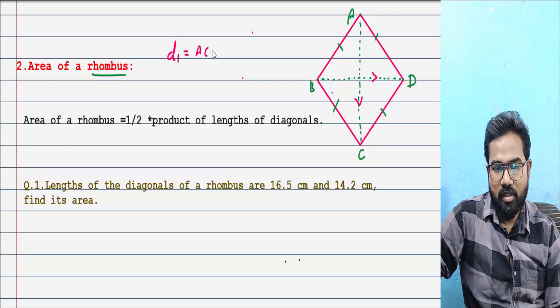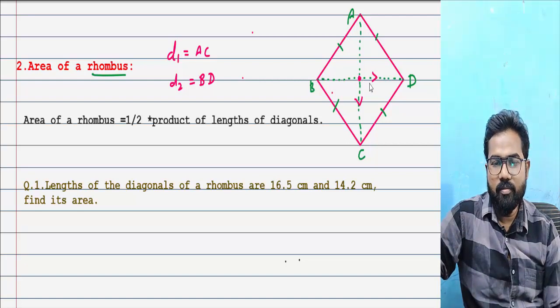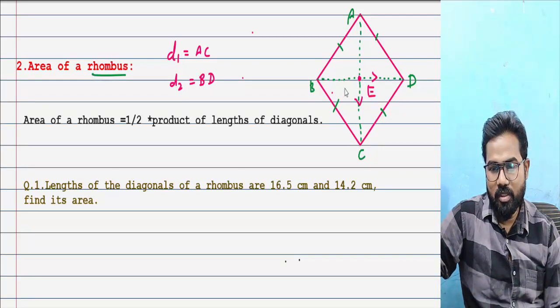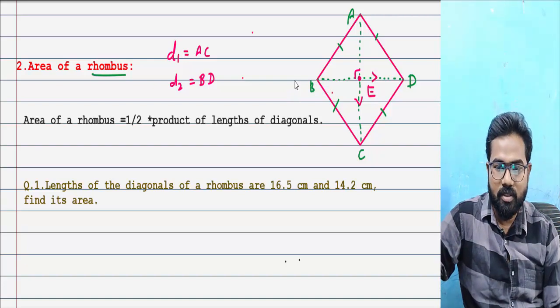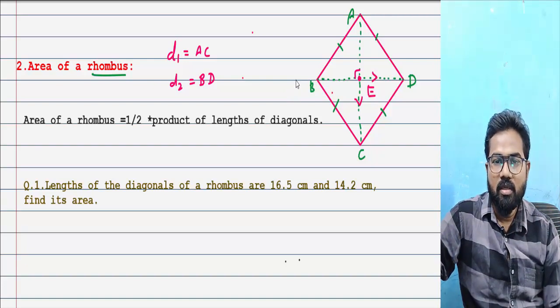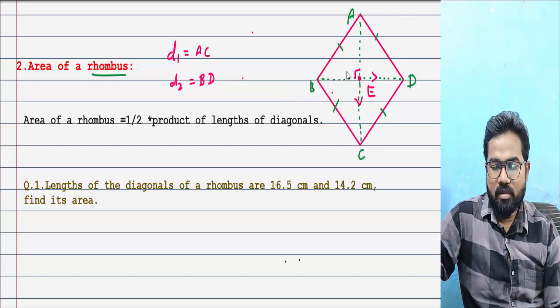So we can say D1, diagonal 1, is AC, and D2, diagonal 2, is BD. So students, the diagonals intersect at a point, suppose this point is your point E. They intersect always perpendicular. The diagonals of a rhombus always intersect perpendicularly and bisect each other.